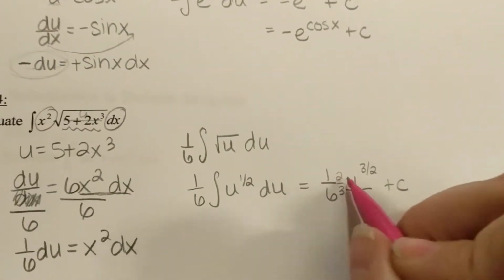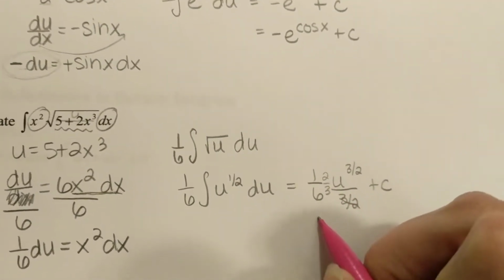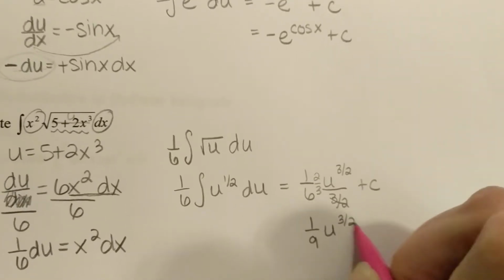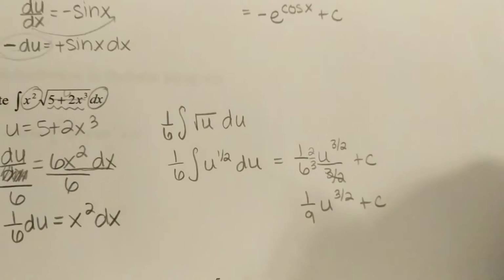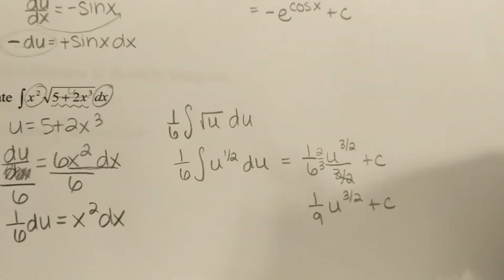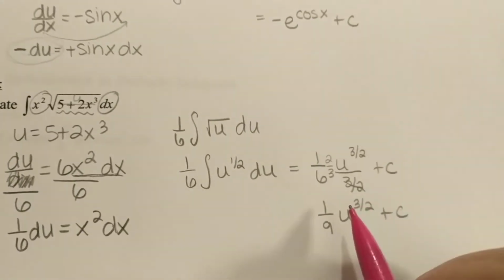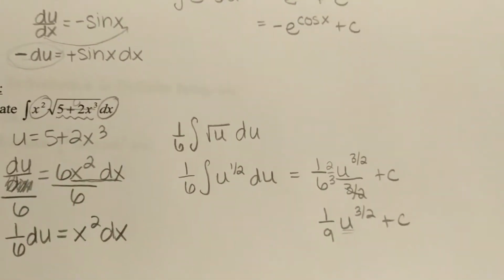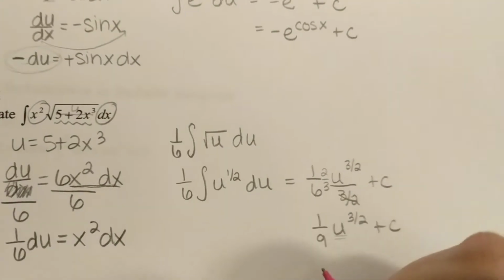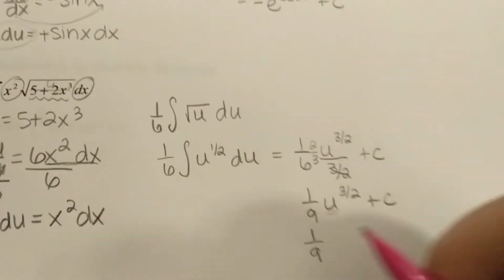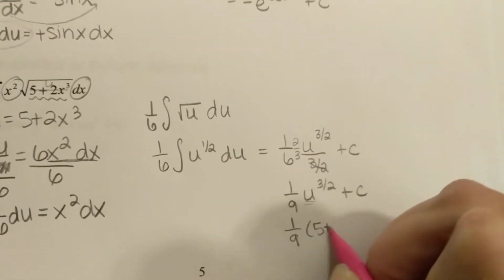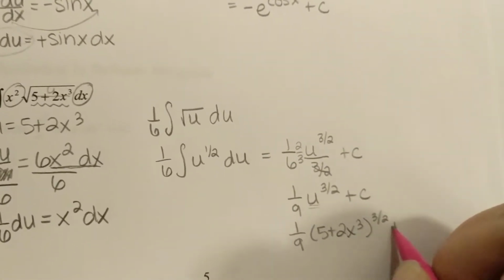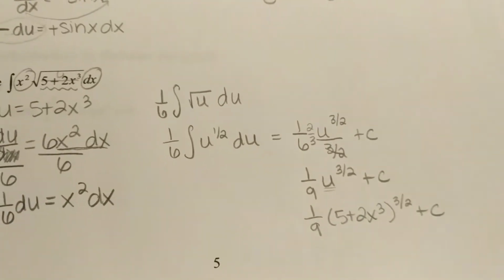So we end up with 2/18 or 1/9 u to the 3/2 plus c. The only thing left now is to replace that u, and we come all the way back to here. Our u was 5 plus 2x cubed. So my final answer, 1/9, 5 plus 2x cubed to the 3/2 power plus c.